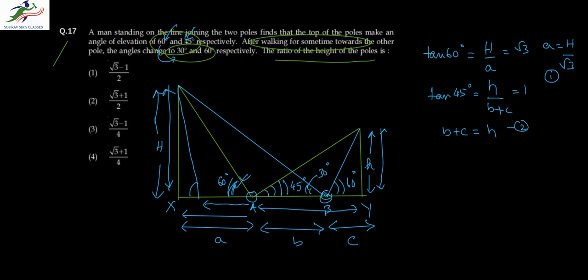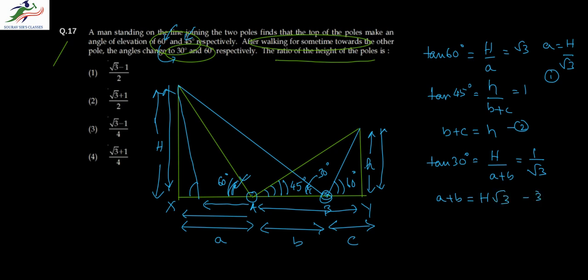Now we move to the second point, which is point B, and we apply the same rule. Tan 30 is equal to the height of the bigger pole, which is H, divided by the distance from X to B, which is A plus B, and tan 30 we know is 1 by root 3. So A plus B is equal to H into root 3.